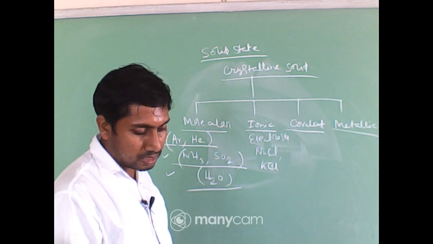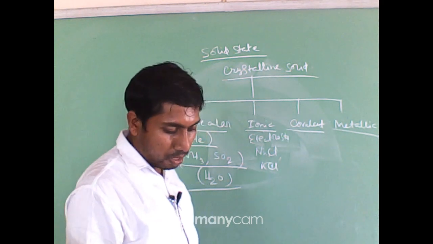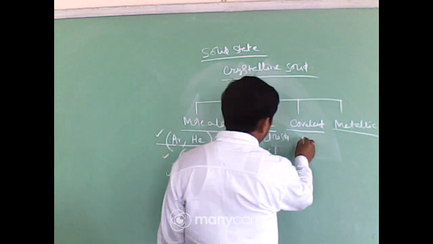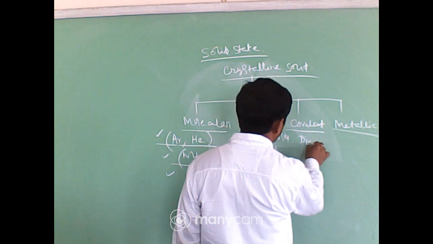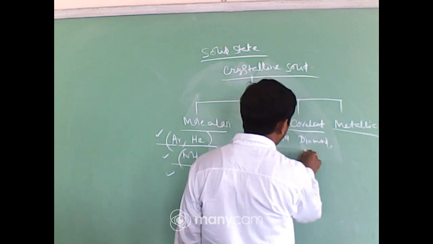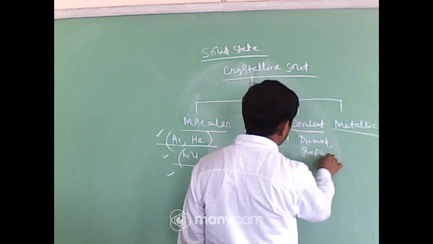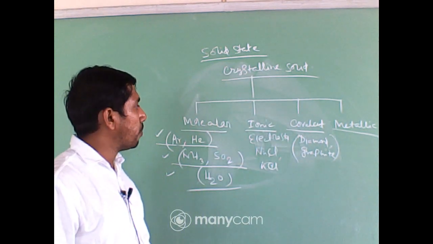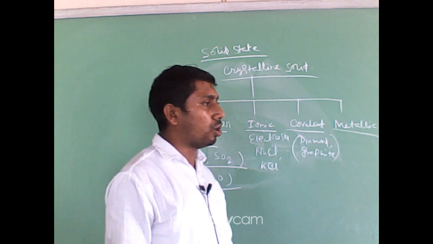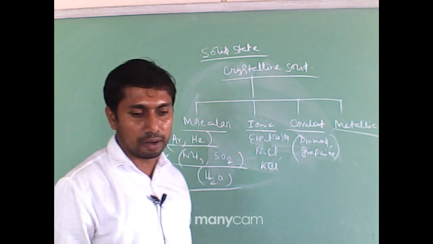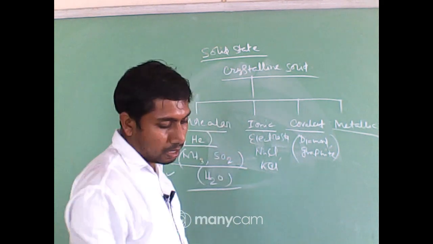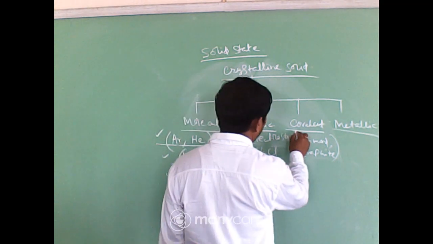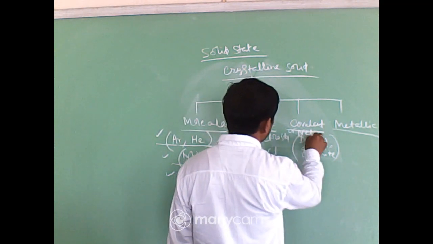It forms a giant molecular shape. For example, the diamond, graphite, these are under covalent solid. There is another name for covalent solid, that is network solid, covalent or network. Why is this network?